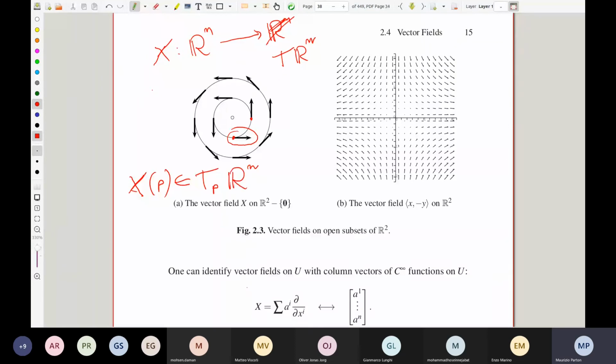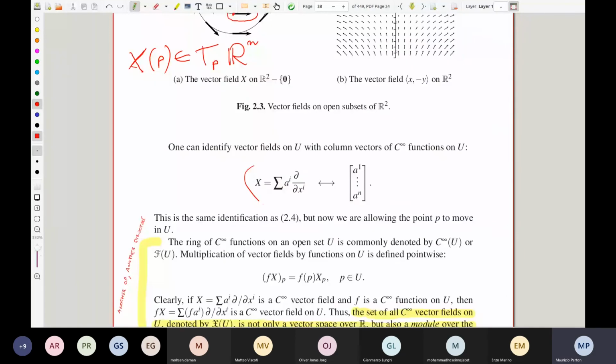And of course, since a vector field gives for every point a tangent vector, this means that when you compute the vector field at a point, you obtain a linear combination of the partial derivatives at that point times coefficients a_i.